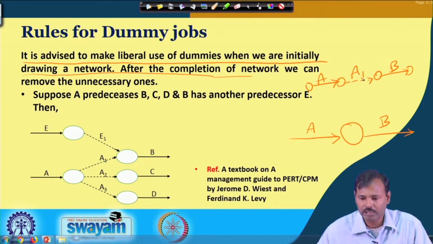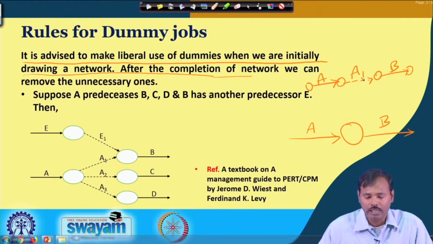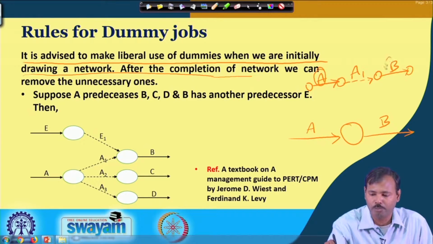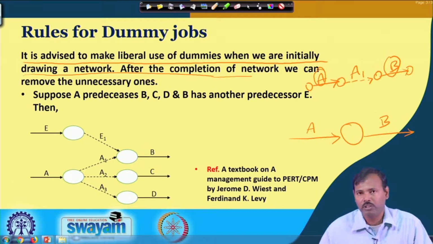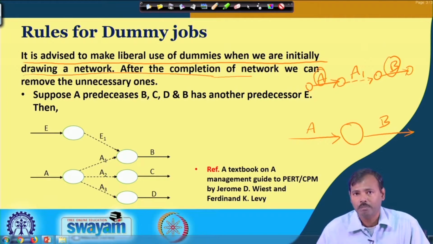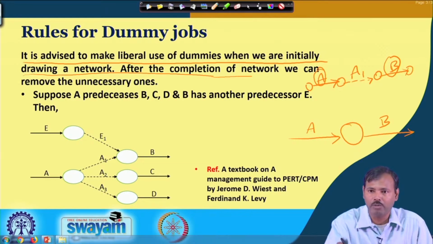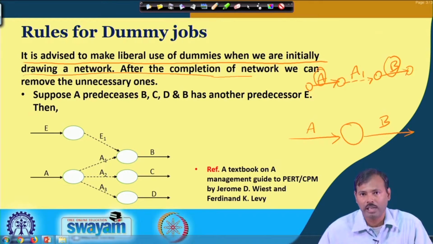That is the essential requirement at the initial point when we are trying to draw the network, because in a complex structure we do not know everything. Now we are observing only job A and job B, but maybe there are jobs T, U, V, and some of them may be predecessors of A, which is not known to us at this point.